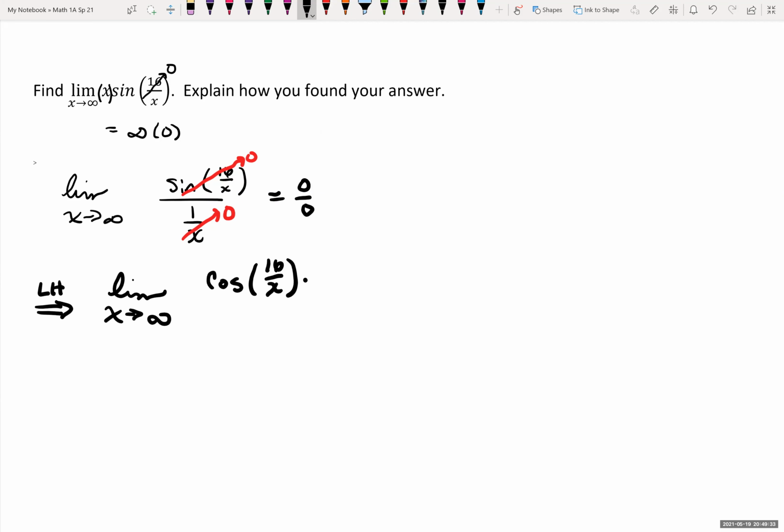The derivative of 16 over x, or 16 x to the negative 1 power, is negative 16 x to the negative 2 power. All over the derivative of 1 over x, or x to the negative 1 power, which is negative x to the negative 2 power.